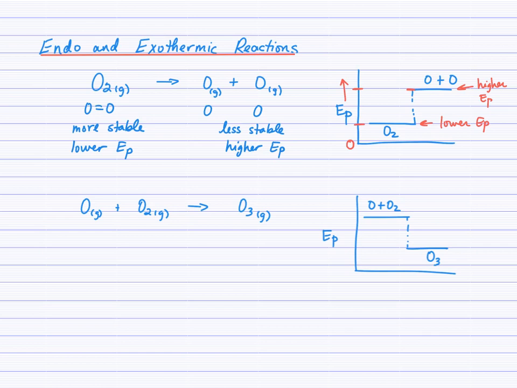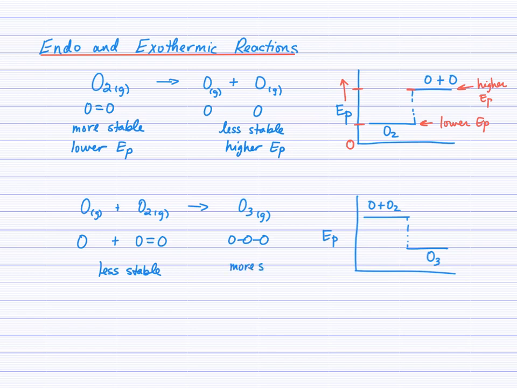Now in the second equation, I've shown a different reaction. We have a free oxygen atom and an oxygen molecule coming together to form ozone. Now I won't get into the structure of the ozone, but I'll just put the three oxygen atoms together. And so that free oxygen, never stable on its own, we're forming O3. So we have definitely less stable reactants here because of that free oxygen compared to having the O3 molecule formed.